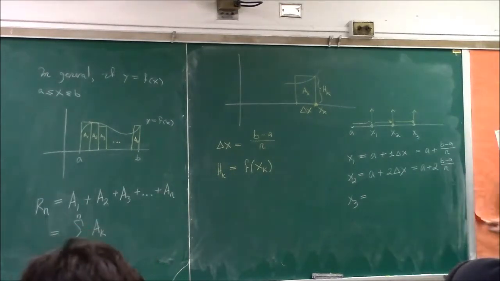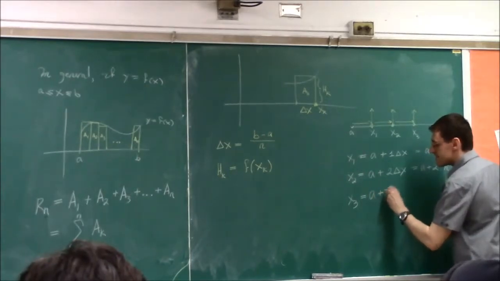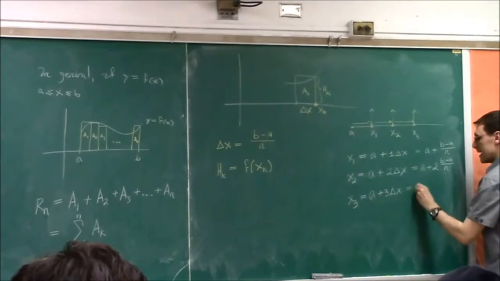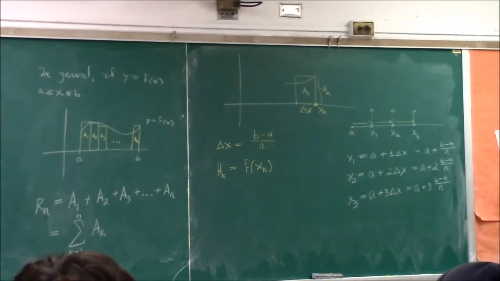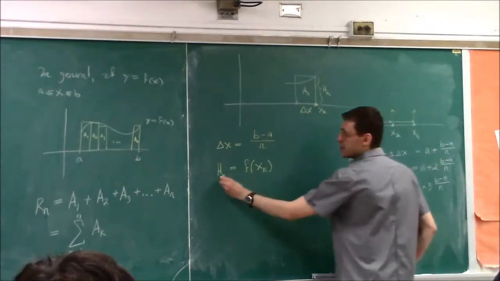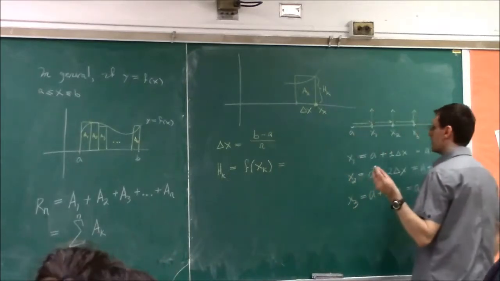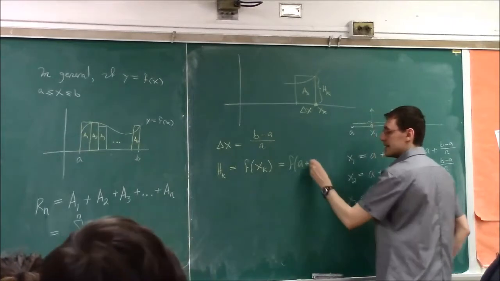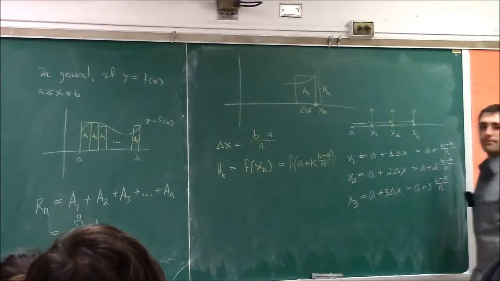You can already guess. a plus 3 delta x. So that's a displacement of 3 units. That's a plus 3 times b minus a over n. Okay? So therefore, h of k, which is equal to f of x sub k, is equal to f applied to a plus k times b minus a divided by n.